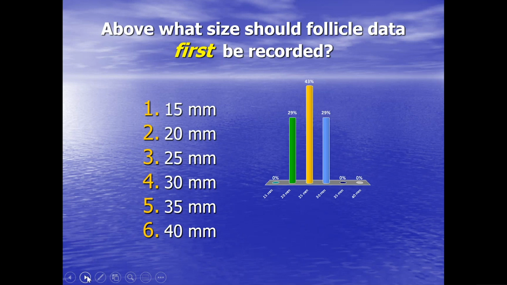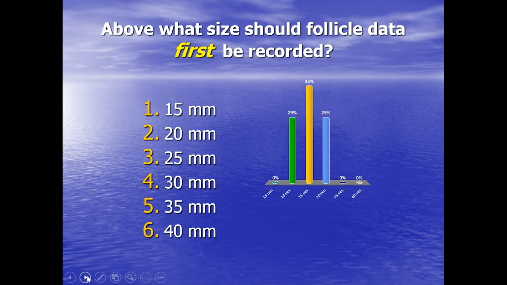There is an argument follicles in warm bloods and thoroughbreds are unlikely before 30 millimeters. So I wouldn't argue with the 29% of people who said they wouldn't record it till 30 millimeters. Fair enough. You're going to be a bit risky if you're not recording until 35, and clearly 40 millimeters is way too late to begin recording them.